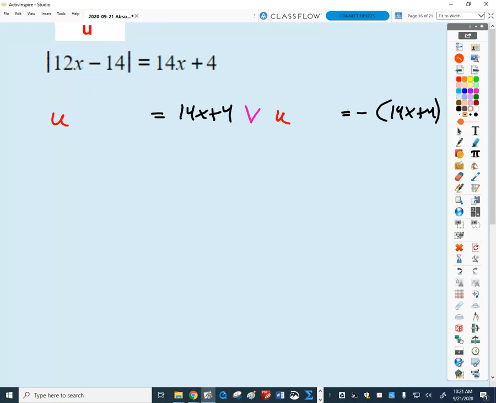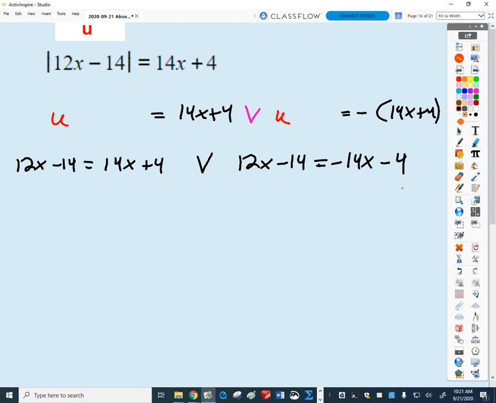What's inside is a 12x minus 14. So we get the two equations, either 12x minus 14 equals 4x plus 4, or 12x minus 14 equals, if I distribute the negative, I get negative 4x minus 4, right?